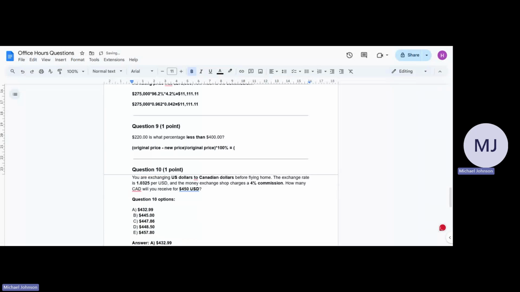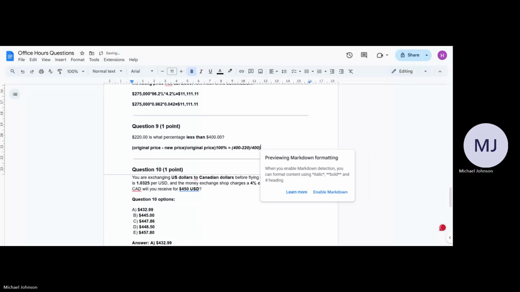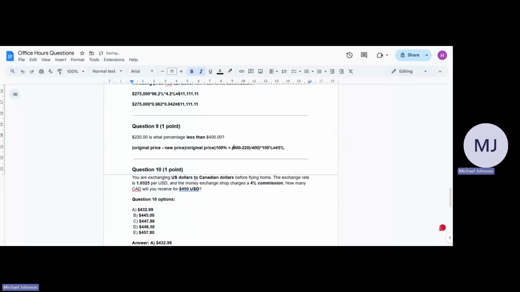And so you do that, and it would be 400 minus 220 divided by 400 and times 100%. And then you would get 45% here. So that would be how you do that one.